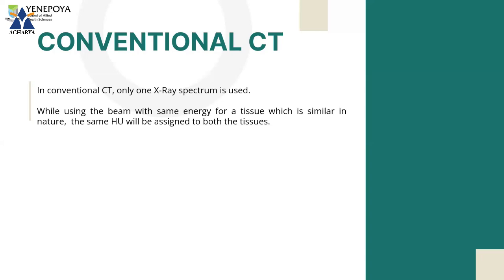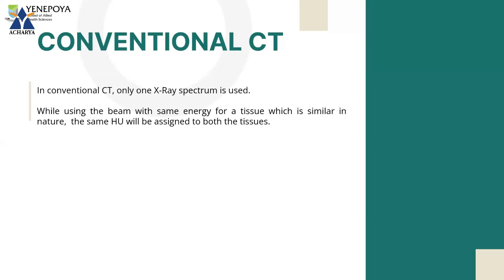Unfortunately, while using a beam which has similar energy, the attenuation for some tissues is similar. For example, if you have bone and you have calcium deposition, because the attenuation is similar and the energy in which you have sent the radiation is also similar, the same Hounsfield unit will be assigned to both structures.